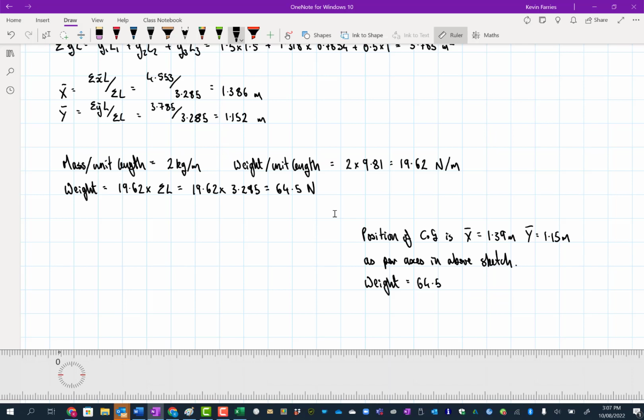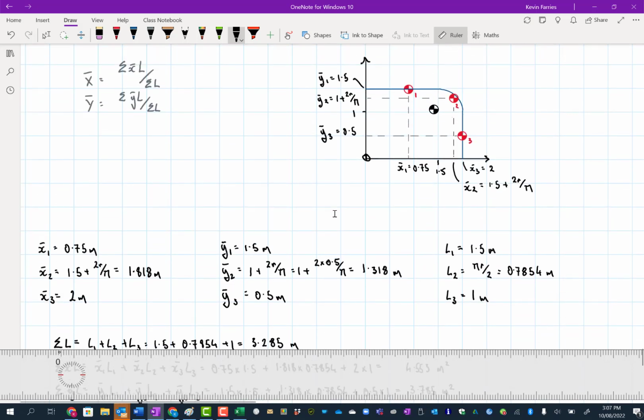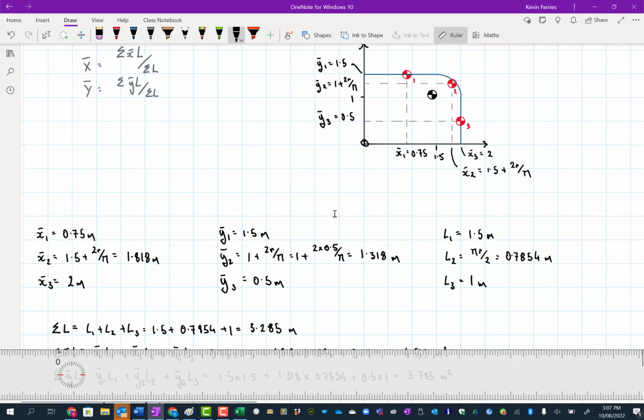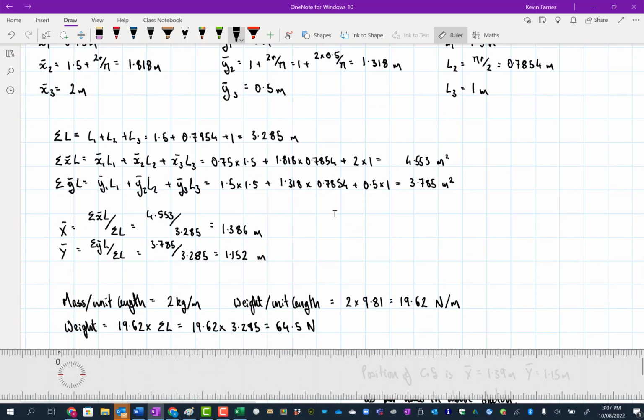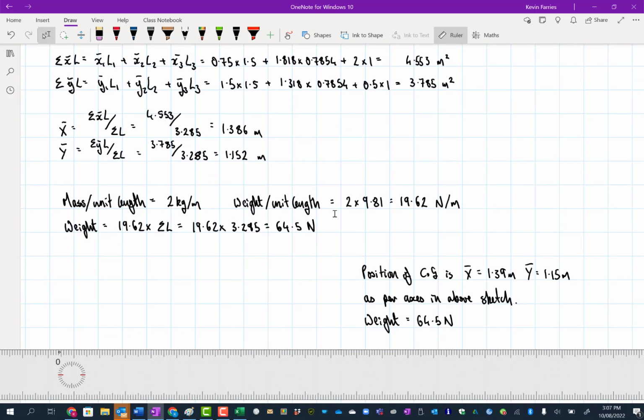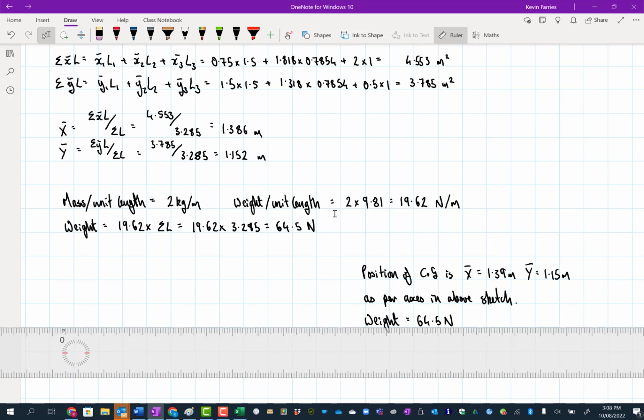That makes more sense. It's 64.5 newtons, because just from the sketch, it's a little bit more than 1.5, so it should be a couple of kilograms, a couple of meters, something like that. It was 3.285 meters. So the weight's 64.5 newtons, which is about, just doing it in my head, 6.45 kilograms if you divide by 10. So that makes sense.